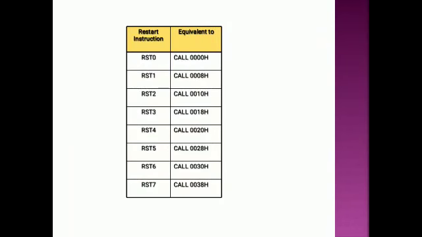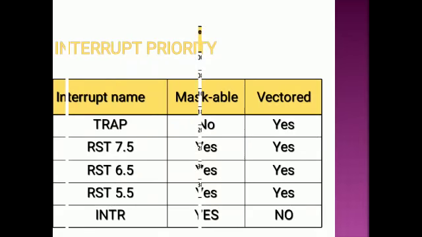Restart instruction is equivalent to a call location. So from the table of the interrupt priority, trap has the highest priority, which cannot be masked off or ignored.